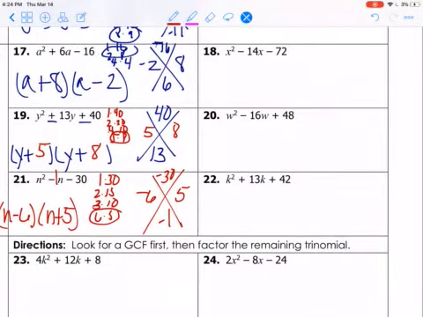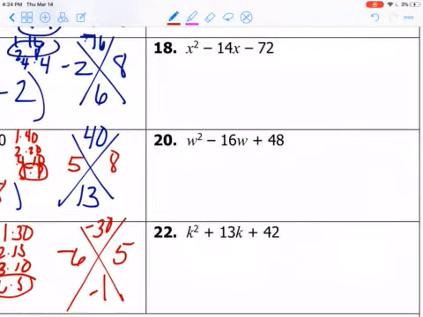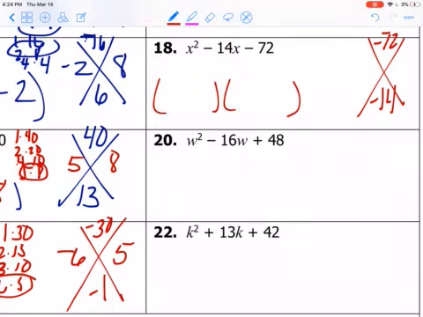Okay, 18. 72 is kind of a big one. So negative 72 is going to go on top. Negative 14 goes in the bottom. Now if they're both negative, again, that's going to mean that one of our signs is going to be addition and the other one's going to be subtraction.